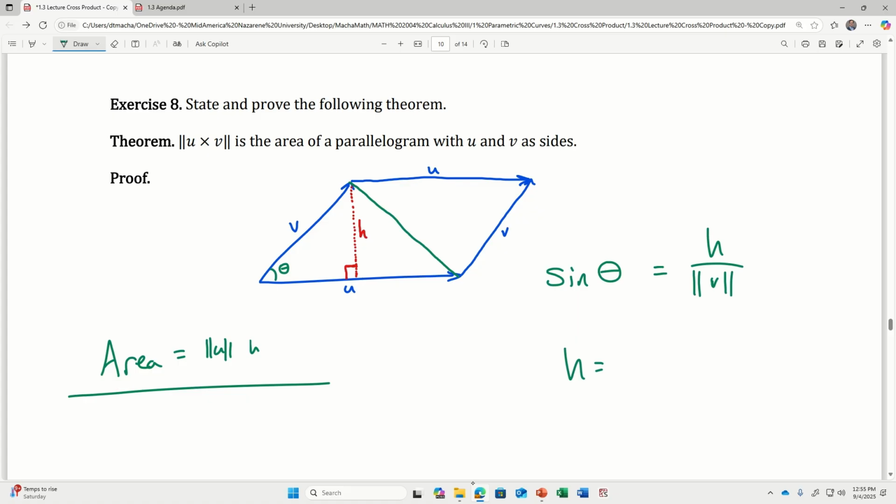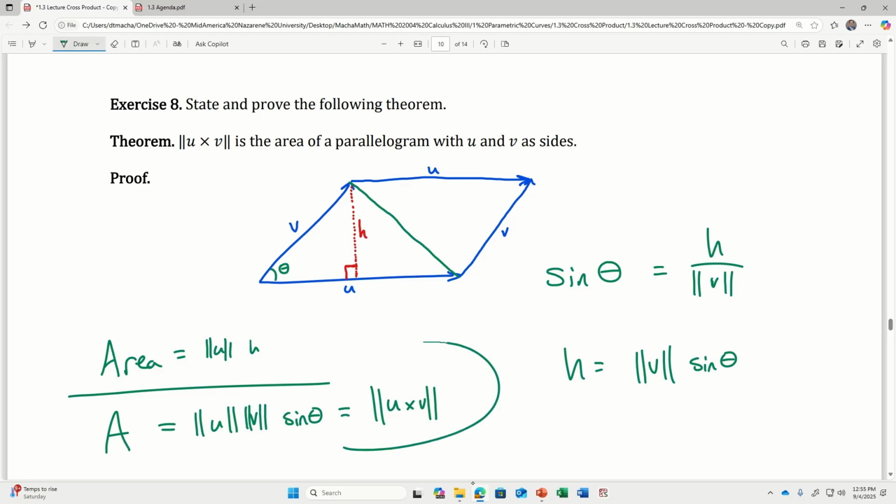And that means h is equal to norm of v times sine theta. And that means my area is going to be norm of u, norm of v, sine theta. And that is equal to the norm of the cross product, right? Based on what we just saw on the previous page.